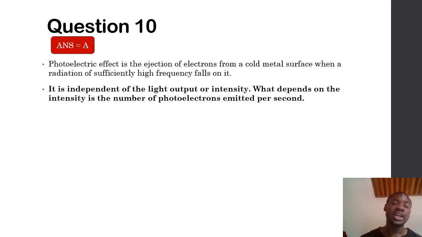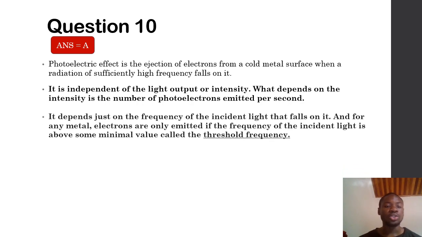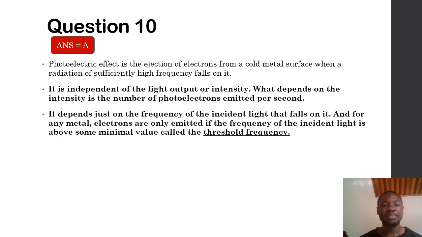So the greater the intensity of the light that falls on the metal surface, the greater the number of photoelectrons emitted per second. And so we have that it depends just on the frequency of the incident light that falls on it. And for any metal, electrons are only emitted if the frequency of the incident light is above some minimal value called the threshold frequency.